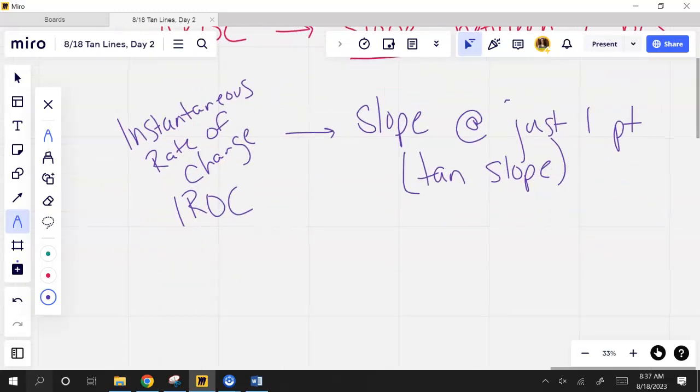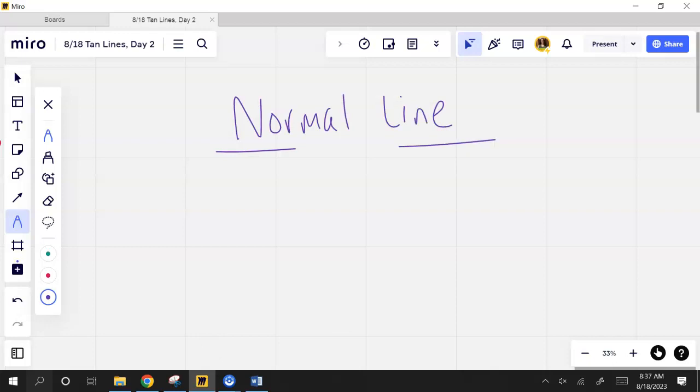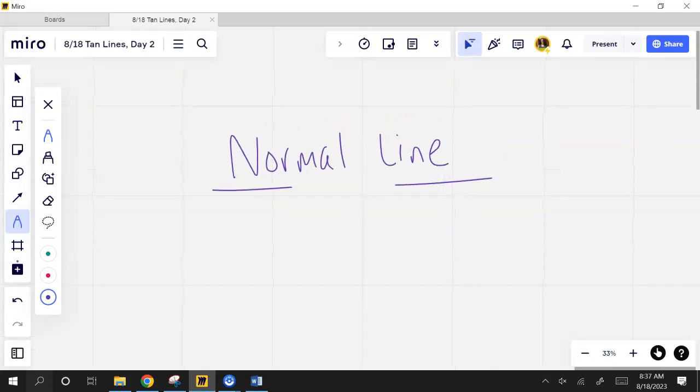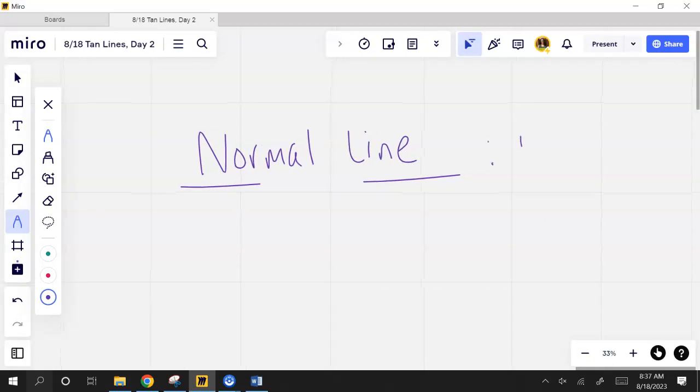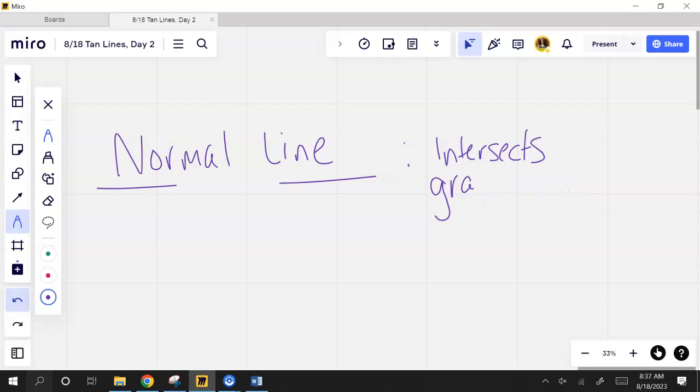All right, so we talked about the slope of the tan line being IROC. We also have something called a normal line. Have you guys heard of a normal line in geometry before? The tan line intersects at just 1 point, right? A normal line intersects the tan line through the graph at 90 degrees.